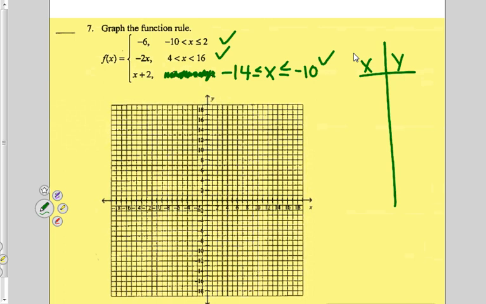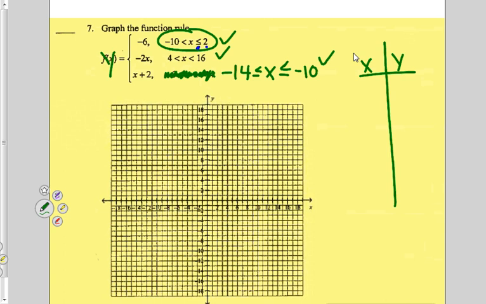The table way? Okay. So it's basically saying y equals -6 when the x's go from -10 to 2. All right? Anytime x is between -10 and 2, including 2, but not -10. Did you hear what I just said? Anytime x is between -10 and 2, including 2, but not -10, what's y?